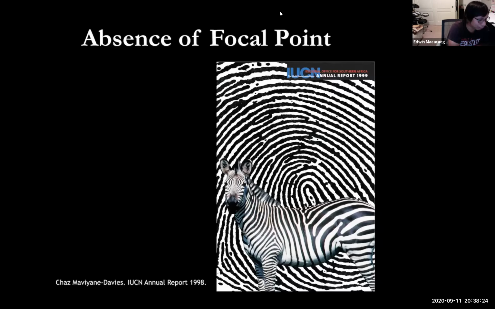If we take a look at this image here, this poster, Shaz Mavain Davies, IUCN Annual Report 1998, this work of art has an absence of focal point. Part of us can say that perhaps the face of the zebra might be a focal point, yet the surrounding elements don't exactly tell us that that's the strongest area within the whole composition, because everything is very evenly distributed.